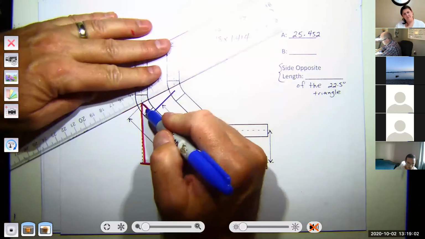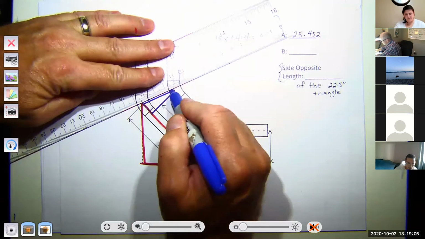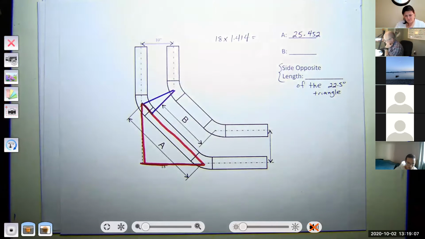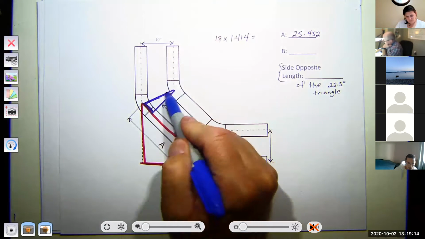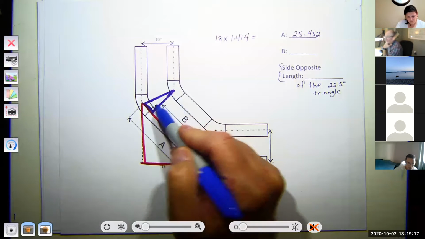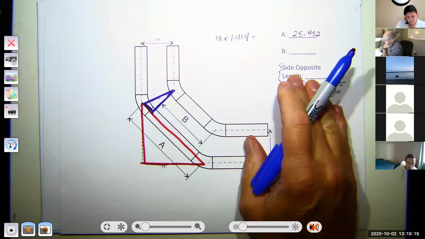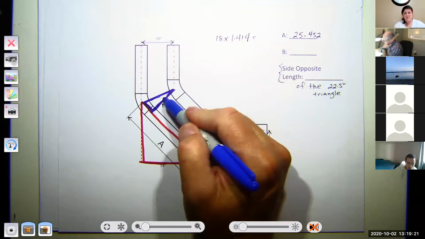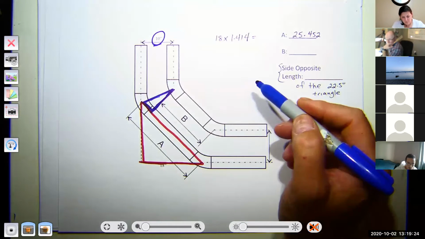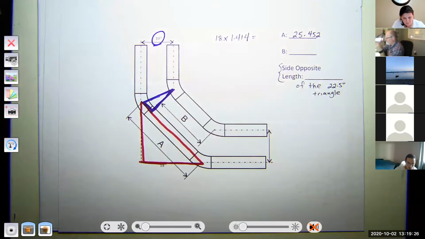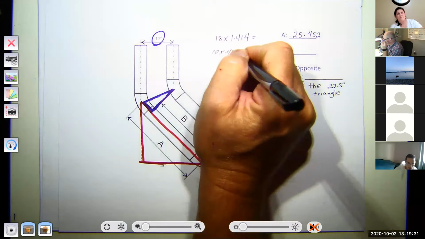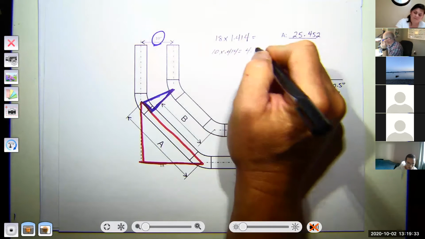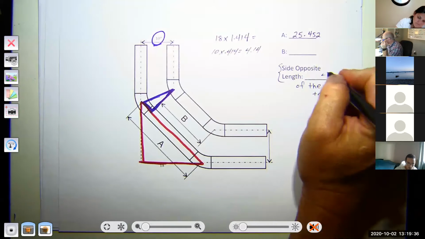And there is a 22.5-degree right angle triangle. We know that run is 10 inches. So we're going to go 10 times 0.414, which is equal to 4.14, which is equal to this number.